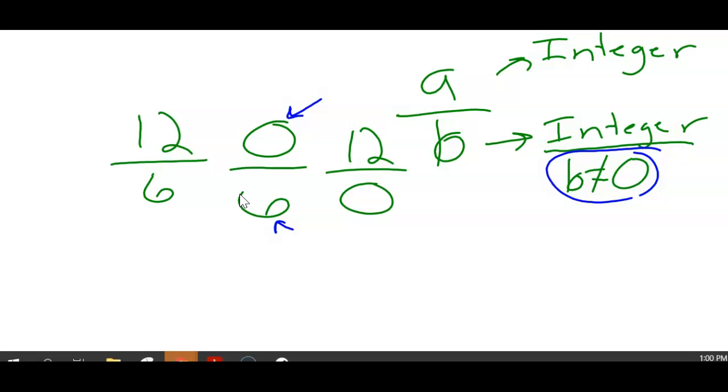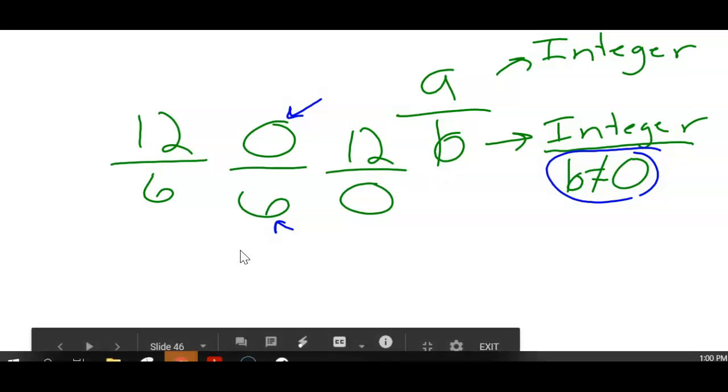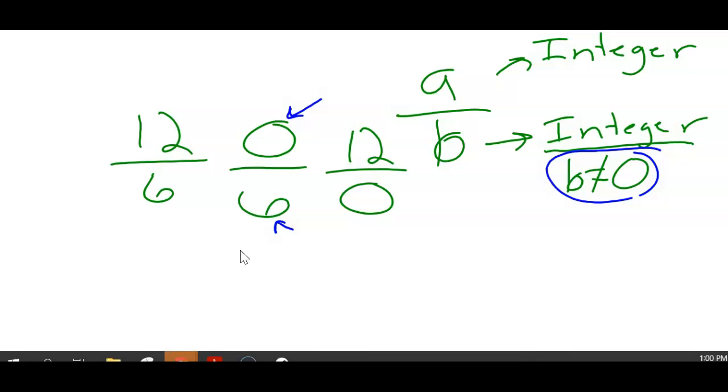You have 12 apples, and you want to split it evenly between your 0 friends. You have no friends. Okay? How many apples does each friend get? 0. No, you have no friends. You don't give them anything. It is an error.